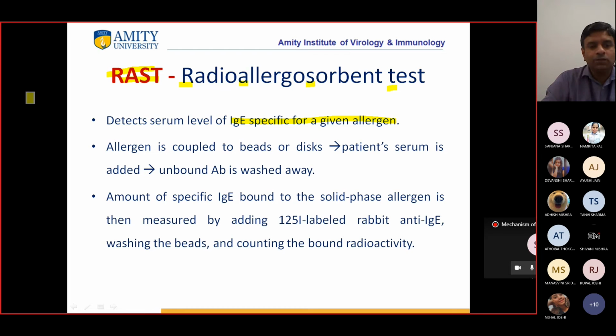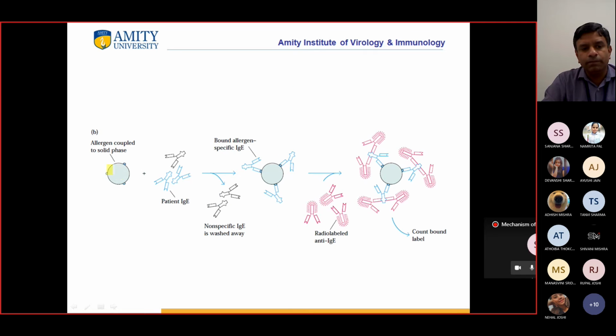So in this case, what we are doing is coupling the allergen to the beads, and then patient serum is added and unbound antibody is washed away, the same steps we are following. Now see here, this is your bead, and to the bead we have added the allergen.